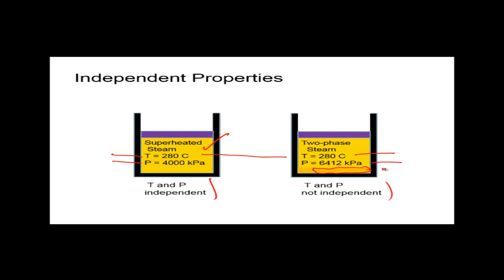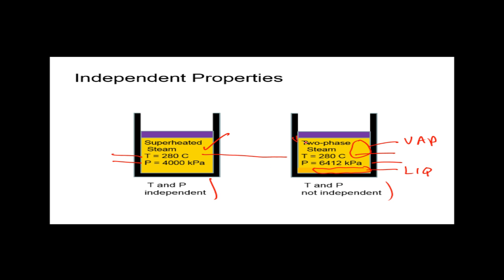What would that indicate to your mind? A little lighter. What would that indicate to your mind? Some of it's vapor, some of it's liquid. The liquid in the presence of gravity would collect in the bottom. That's why we put the liquid in the bottom. And so it's a two-phase mixture of steam. It's all water, H2O, but some is in the liquid state, some is in the vapor state. Temperature and pressure are not independent.